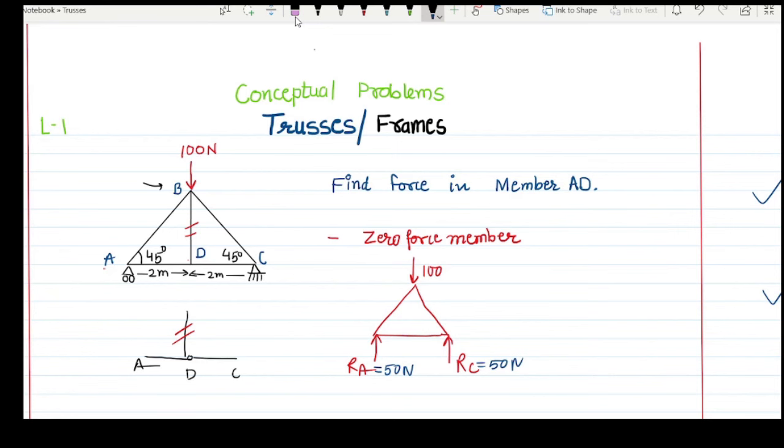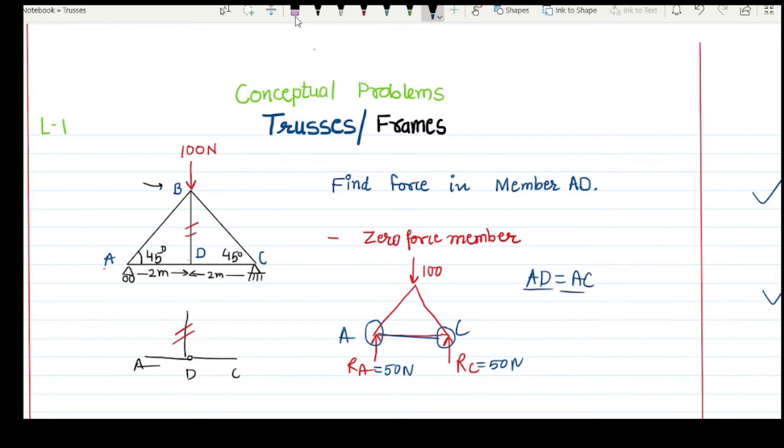After finding this force, we can consider either joint A or joint B, and we can get the force in this member. So here, instead of finding the force in AD, we are actually finding the force in AC. But as DB is a zero force member, AD and AC are nothing but the same member.